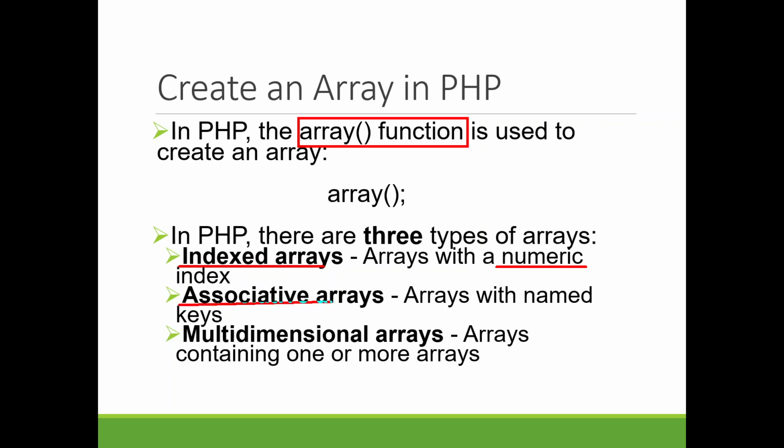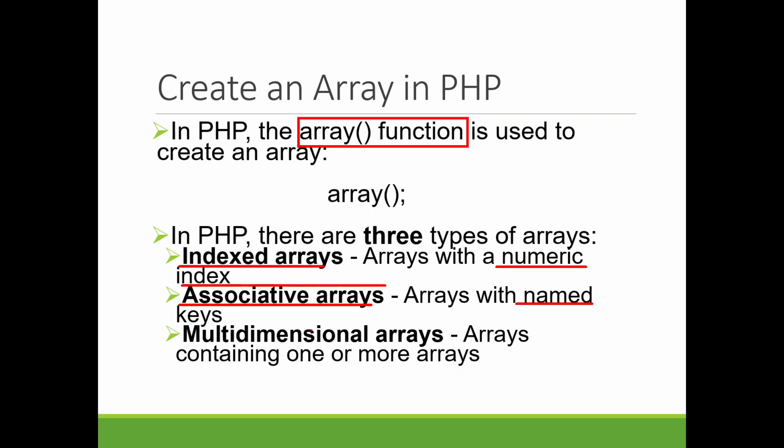Then you have an associative array. An associative array is also referred to as a named array. So the keys, that is 0, 1, 2, 3, they actually have a name instead of being represented by a number. And we've actually used an associative array in our practical. You remember when we were retrieving data from the database and we used the print_r function to print that particular array?